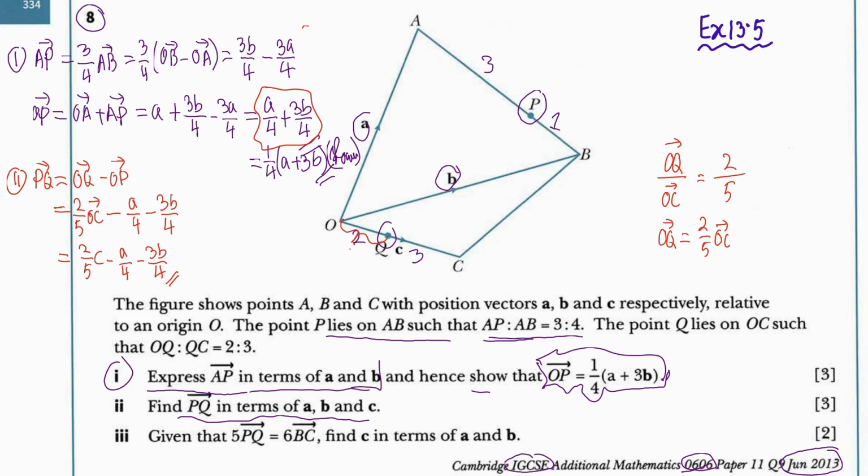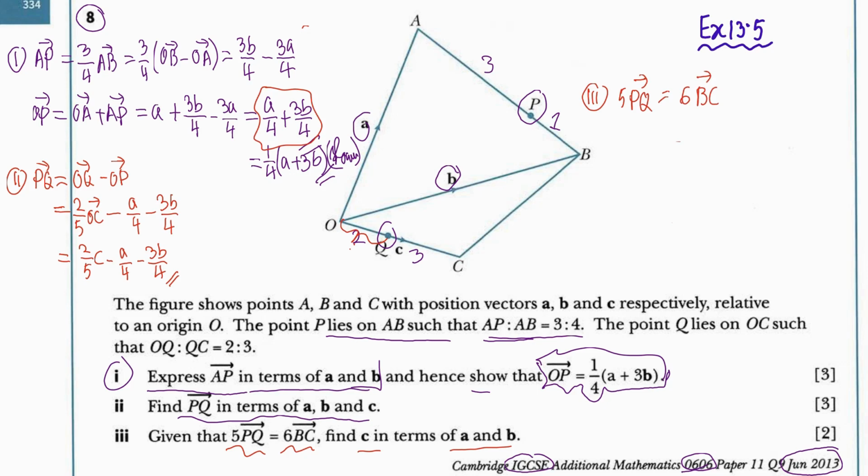Now the last question: 5PQ equals 6BC, find c in terms of a and b. We are going to use this relation, and let me erase this part. Let me write this relation: 5 of PQ, and we already have the result of PQ, equals 6 of BC. Do we have the result of BC?